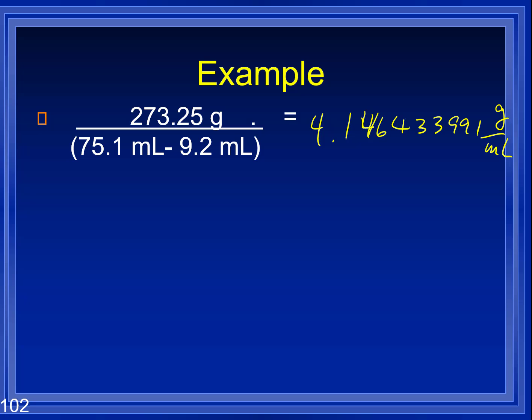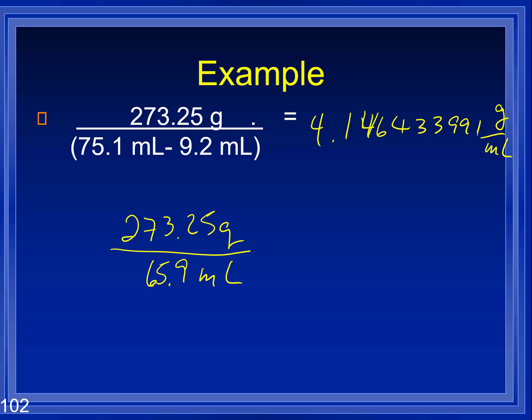So you should take that 273.25 grams and divide it by 75.1 minus 9.2, which is 65.9 milliliters.